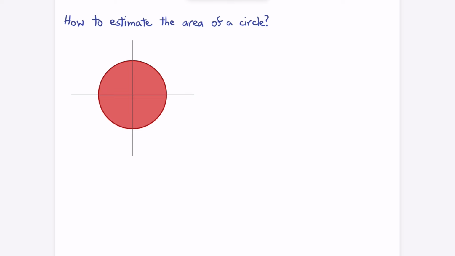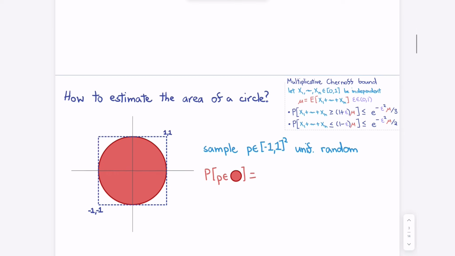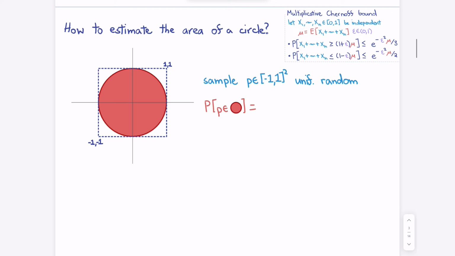Okay, so the suggestion was pretty simple. Say it's the unit circle. Let's just draw the bounding square around it, the 2 by 2 square, technically, and then just randomly draw points. So what's the probability that the point lies in the circle?